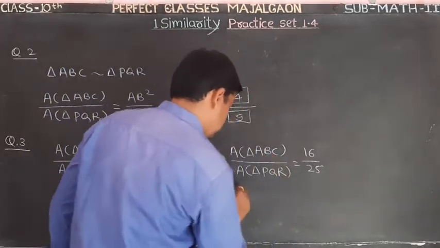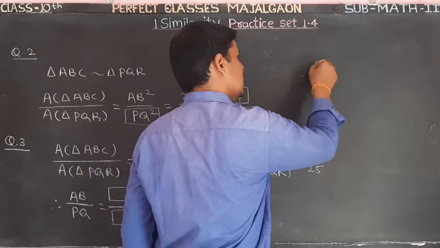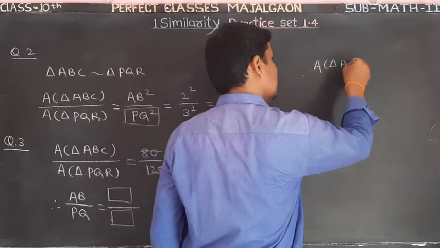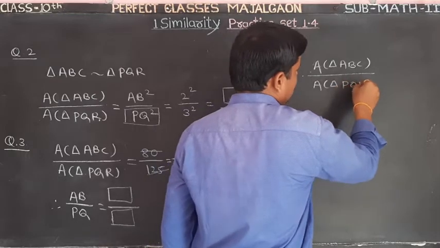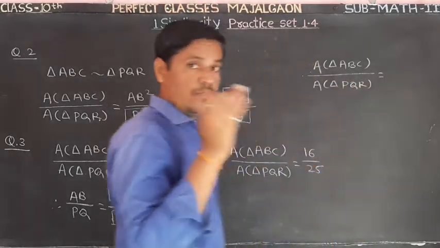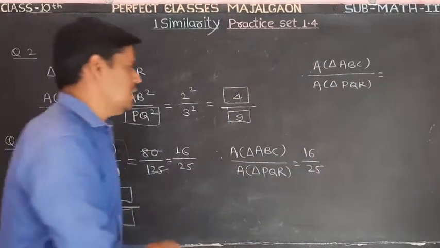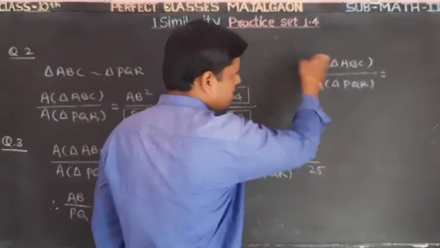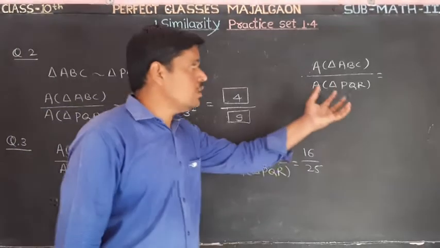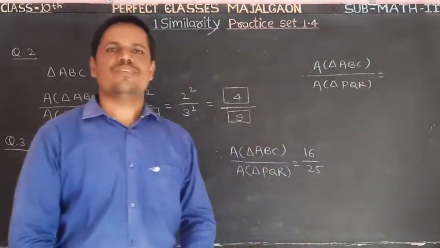The theorem says the ratio of areas of two similar triangles is equal to the ratio of squares of their corresponding sides.